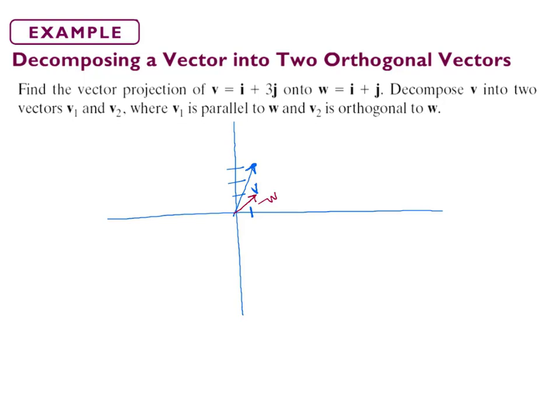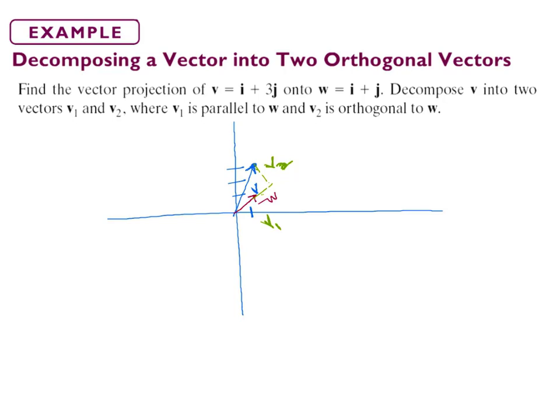So we have this new vector, where this one is v2 and this one is v1, right?